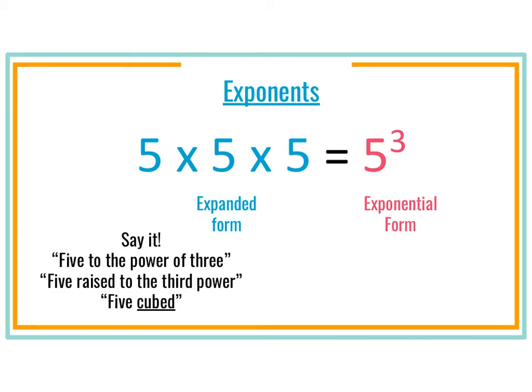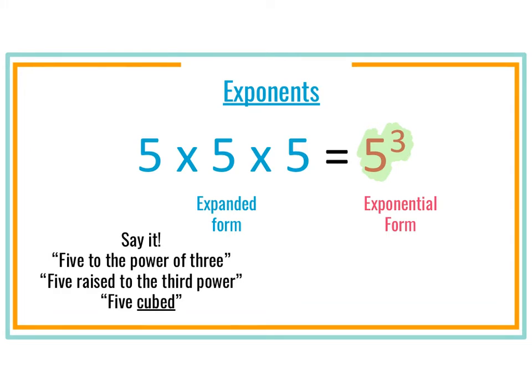Exponents have 3 different forms: standard form, expanded form, and exponential form. Today we are going to be focusing on the expanded form and exponential form. In this example, we see 5 as our base number and 3 as our exponent.